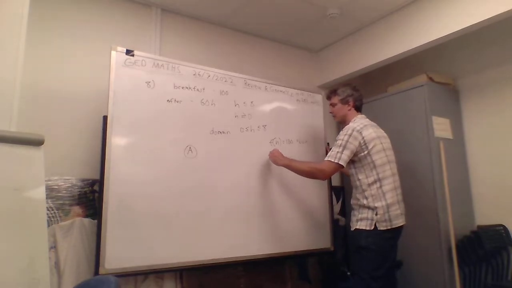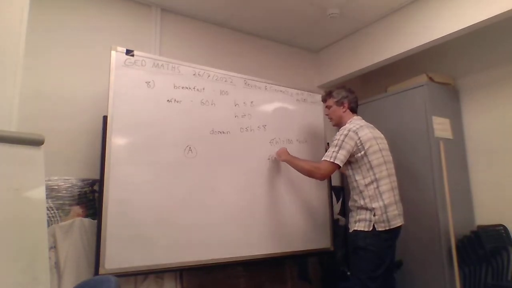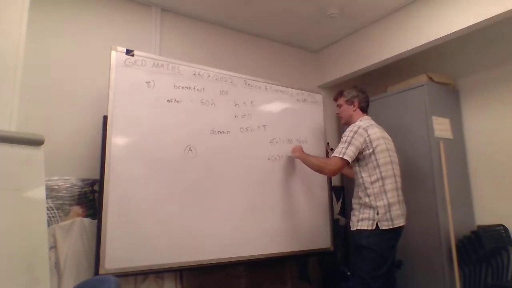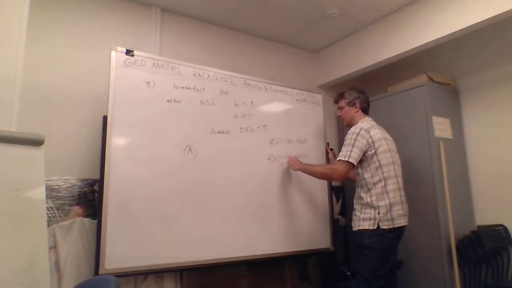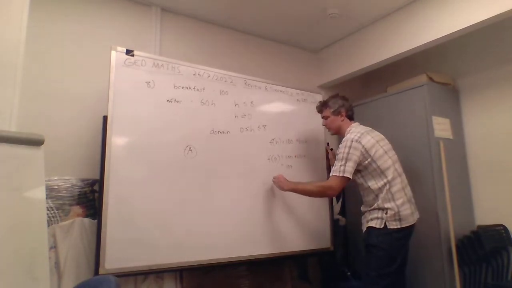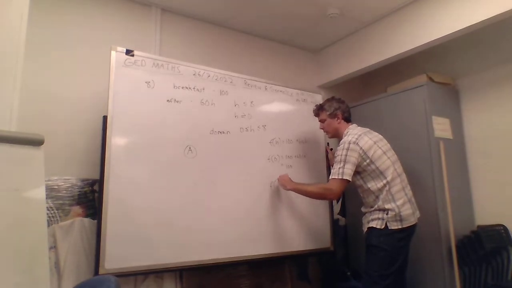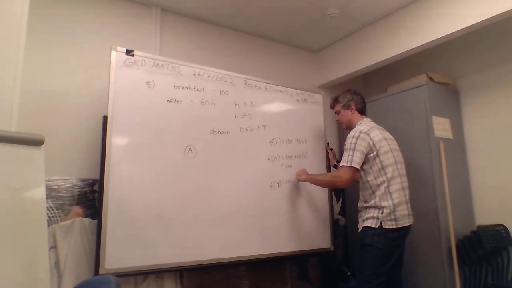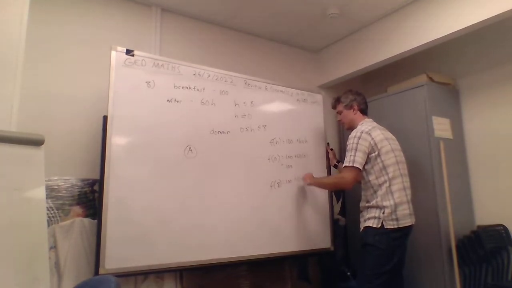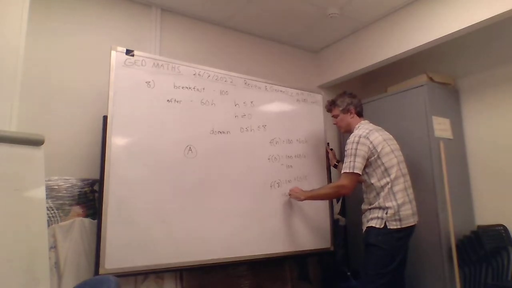So we need to find f of 0, which equals 100 plus 60 times 0, which equals 100. On the other side, we can do f of 8, which is 100 plus 60 times 8.